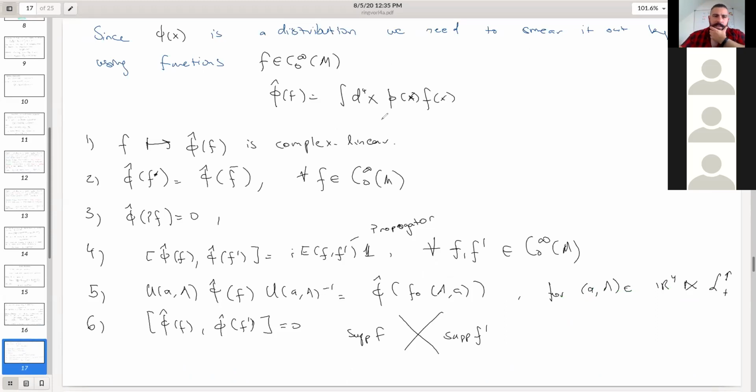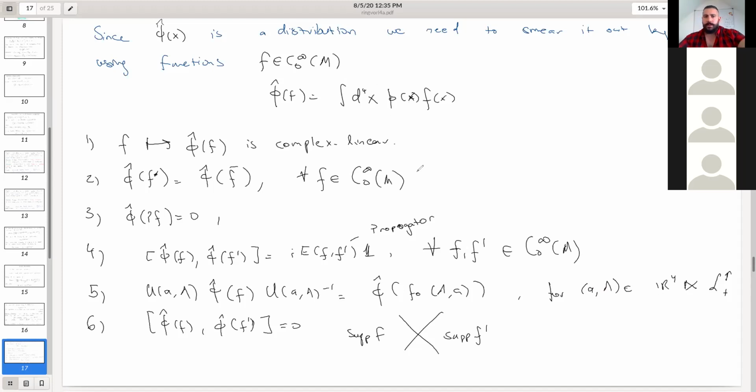Now, what is important is that this operator valued distribution needs to be smeared out, as all distributions have to be. And you use the function f in C_0^infinity(M) for that. So a function that is smooth and has compact support on this manifold. And this is what we call smearing out.